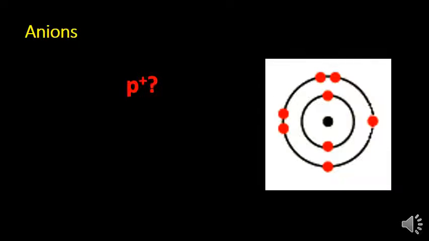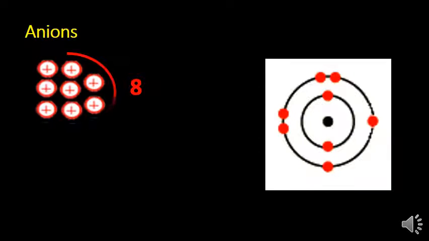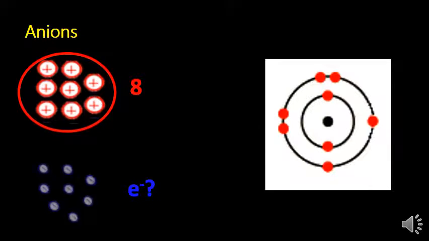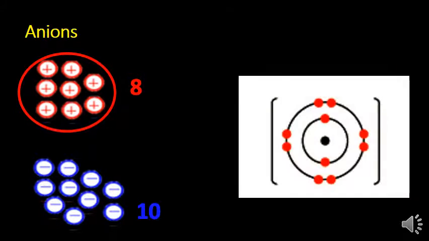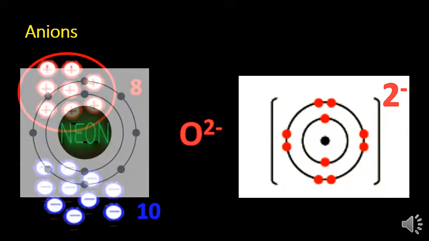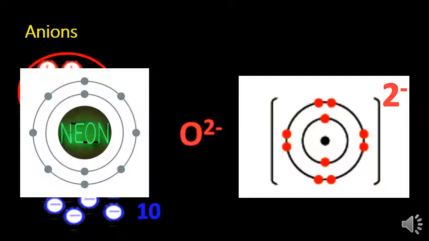The oxygen atom has 8 protons, and the atom happens to have 8 electrons. In order to look like neon, you're going to have to gain 2 more electrons. Now it has 10 electrons. So what's the overall charge on this ion? It's -2. And so we write the oxygen ion like that. And now it thinks it's more like neon.